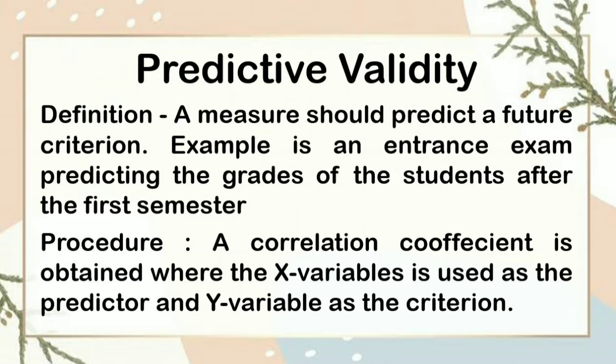A conspicuous example is the degree to which college admission test scores predict college graduate grade point average, or the GPA. The procedure is that a correlation coefficient is obtained where the x variable is used as the predictor and the y variable as the criterion.